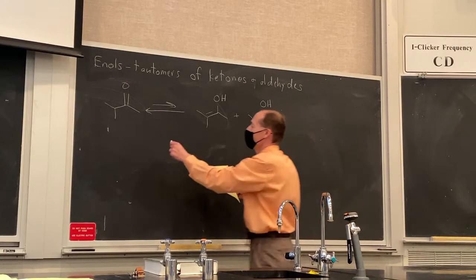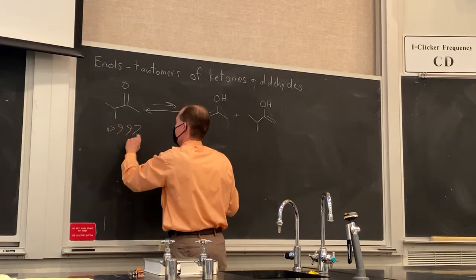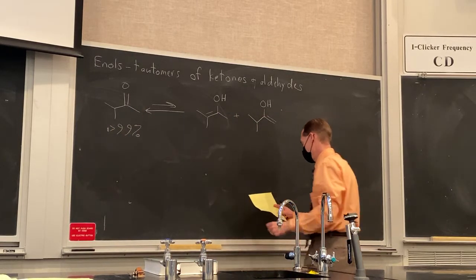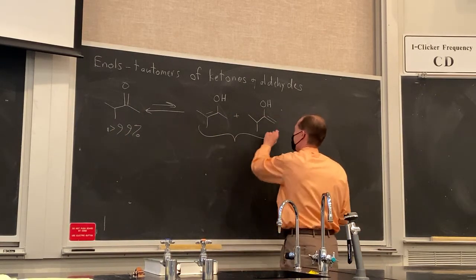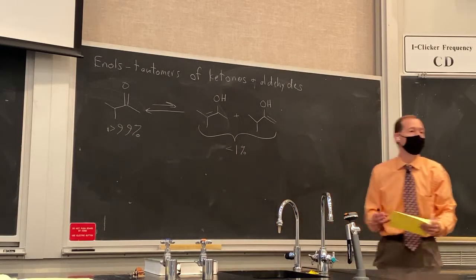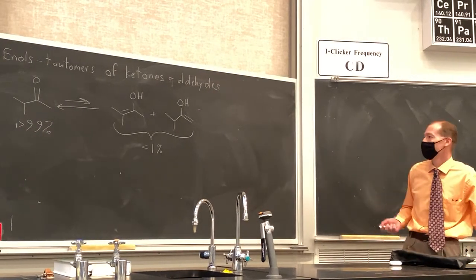But in this case, at equilibrium, we'd have greater than 99% of our ketone. And then combined of our enols, we would have less than 1%. Okay? So not much of an equilibrium in this case.